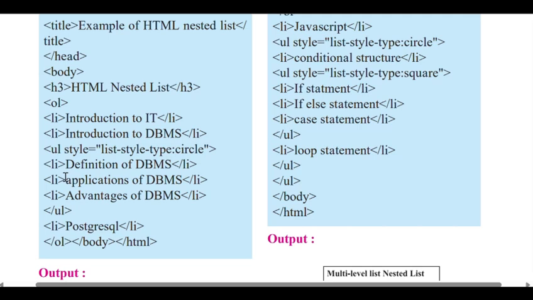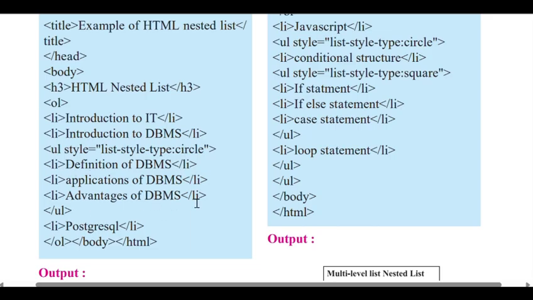Then after that we are using an unordered list in between. This is what is called a nested list: under one list we are creating another list. So after the OL tag we are taking UL under it, UL style is equal to list-style-type: circle.